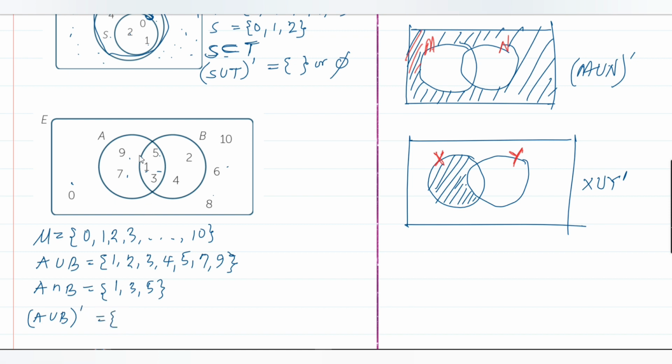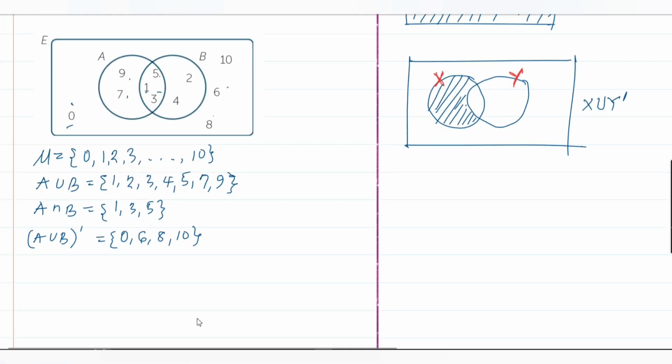A union B complement will be A union B, everything contained within A and B. We want to cut it out of the universal set. So if we cut it out of the universal set, then the values that will remain will be what you have outside. That will be 0, 6, 8, and 10.